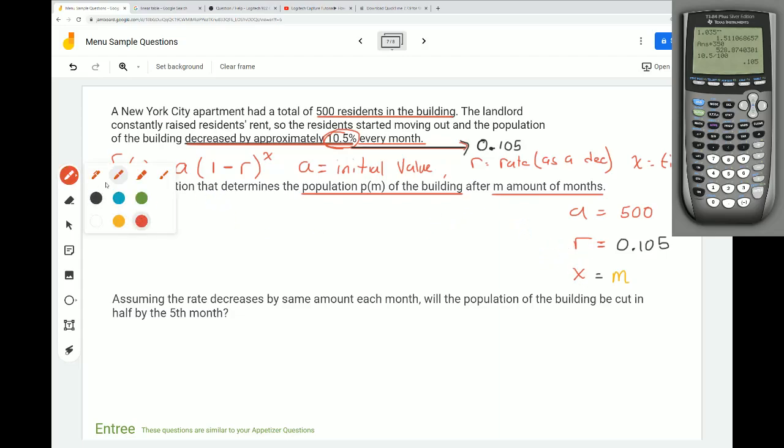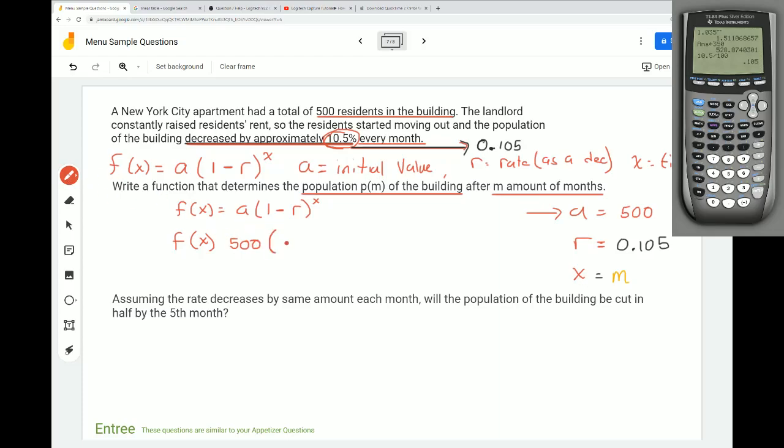So let's start by rewriting the exponential decay function. f of x is equal to a times 1 minus r to the x power. And now we're just going to plug in some values. So f of x is equal to, what's our a value? We see it right over here. A is 500.